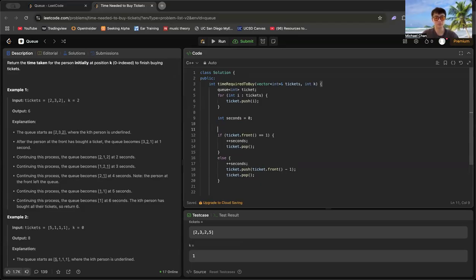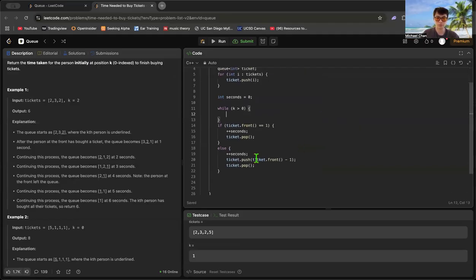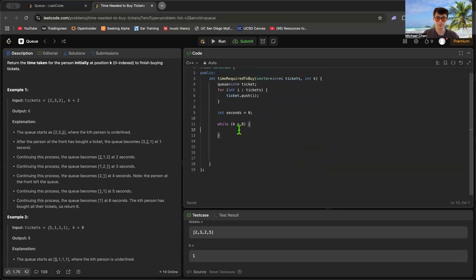But then this is while the pointer, there should be an end pointer, while k bigger than 0. This stuff should happen while k is bigger than 0.